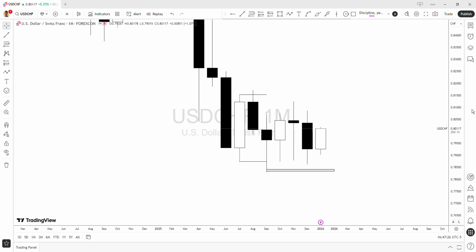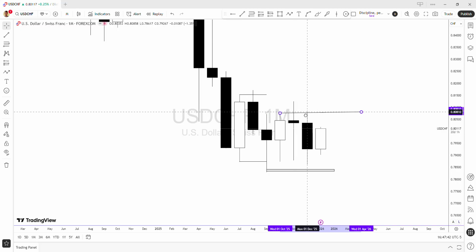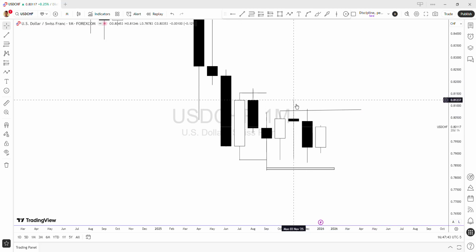As you keep seeing, the market keeps taking some highs. It took the high, left a high here, and this low was taken. The low of the candle was taken.